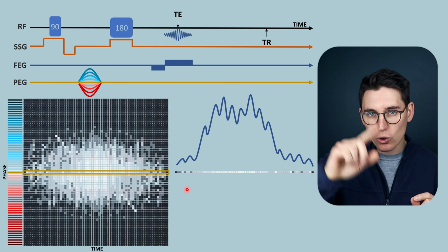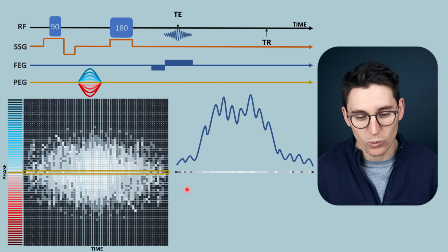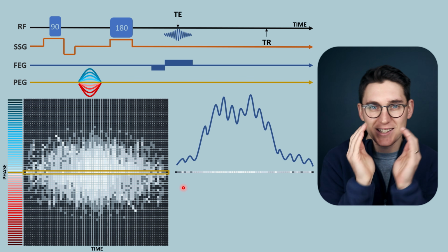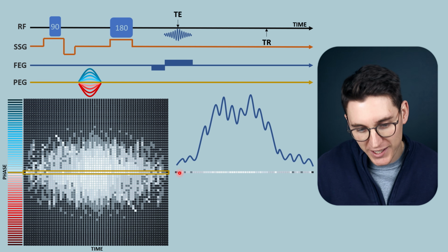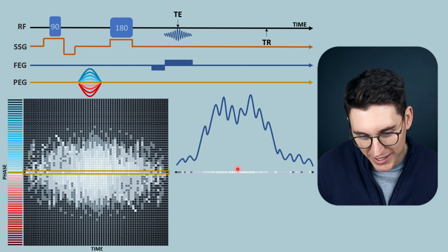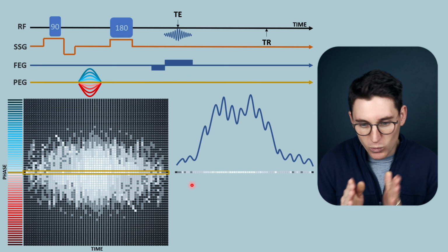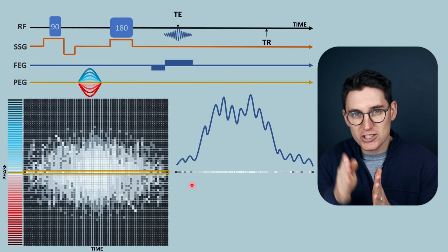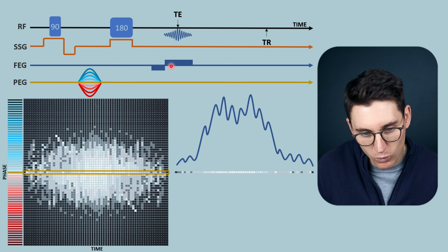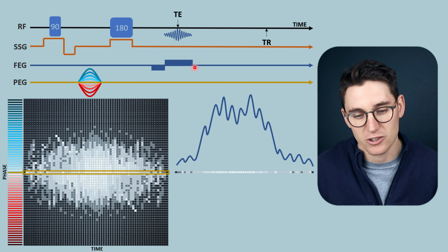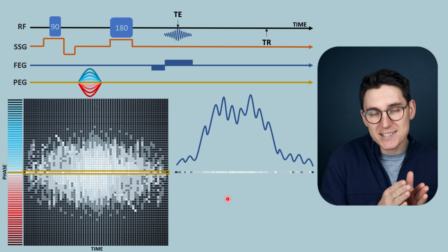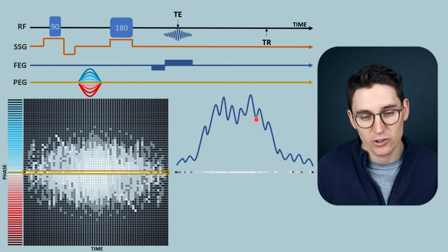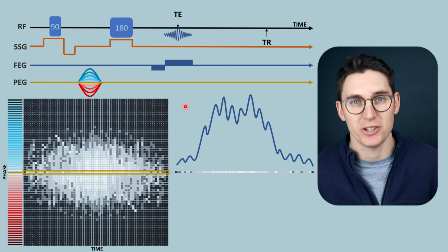Now, we can't store a continuous signal within a computer. We need to store discrete data values. So what we do is we convert this analog signal into discrete digital data points here. Now, each one of those data points represents a sampling time that's occurring while the frequency encoding gradient is on. And we can use this data then to figure out where the signal is coming from along the x-axis location because of this frequency encoding gradient.